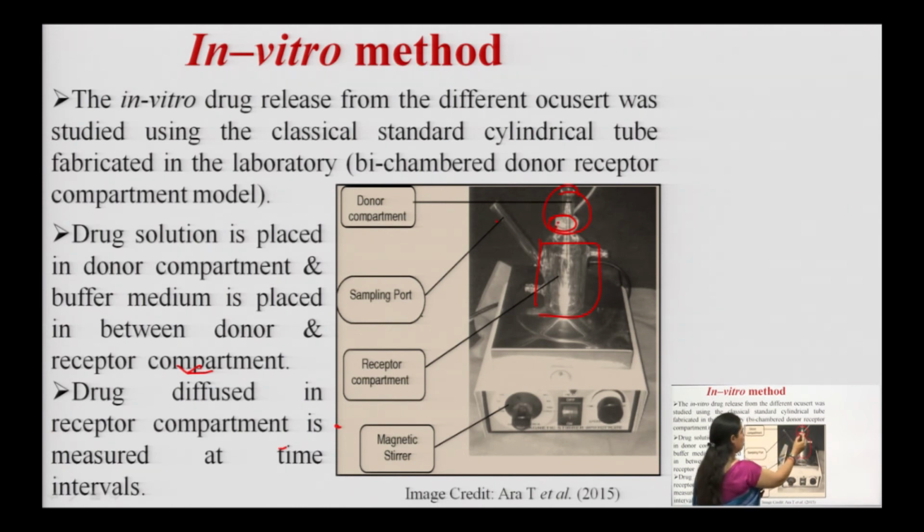So, the donor compartment releases the drug into the receptor compartment, and through the sampling port we can collect particular 1 ml or 5 ml samples at varying time intervals. After collecting the samples, we check the drug content in all the samples per time, for 30 minutes, 1 hour, 1.5 hours, 2 hours, 3 hours, up to 8 hours, or whatever the experimental study time is.